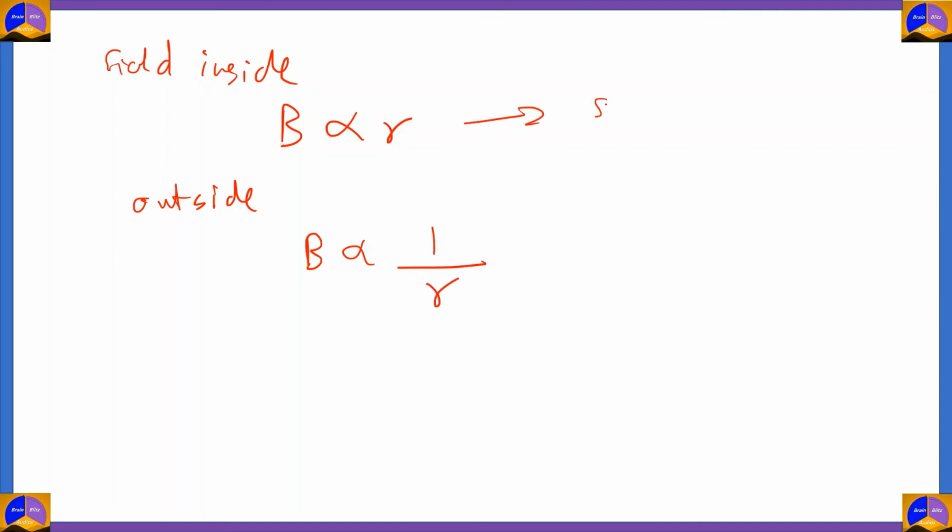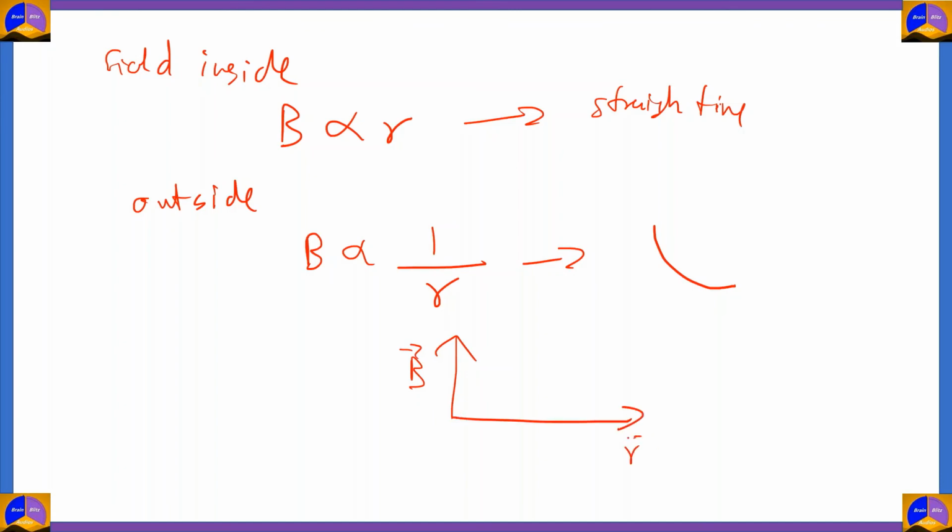So when B is directly proportional, we get a straight line. And when B is inversely proportional, we get a rectangular hyperbola. So in a graph like this, from the origin till the point A, the graph varies linearly, and then it reaches its highest point, and then it starts going downward with a rectangular hyperbola.